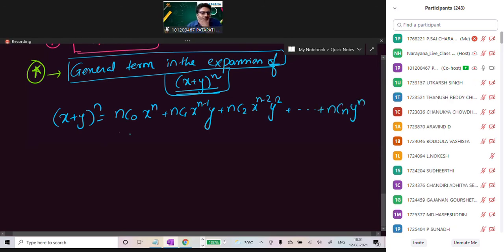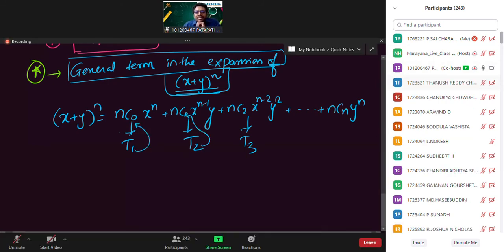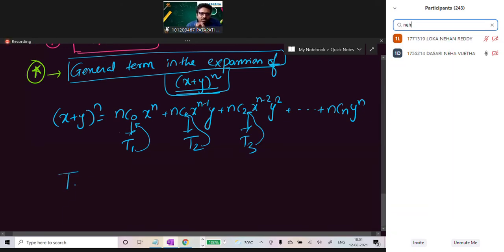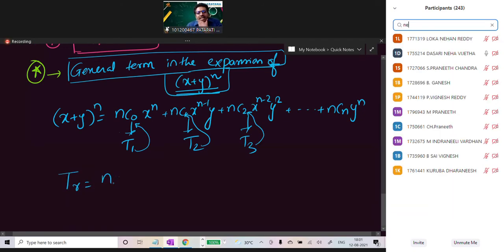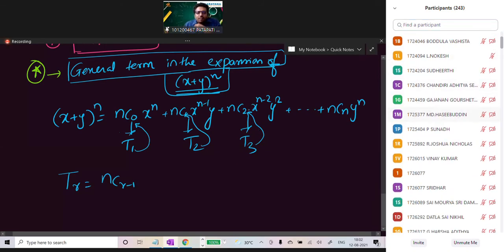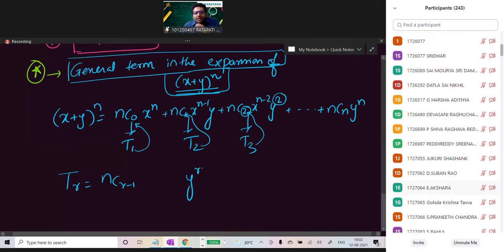So this is T1, this is T2, this is T3. Do you see in T1 it is nC0, in T2 it is nC1, in T3 it is nC2? So what is Tr? It will be nC(r minus 1), right? Whatever is here, it is in the power of the second term. Do you see? y to the power r minus 1.